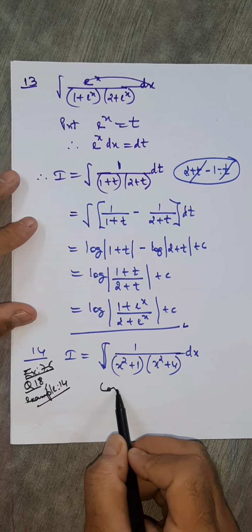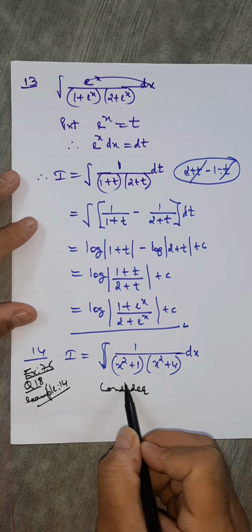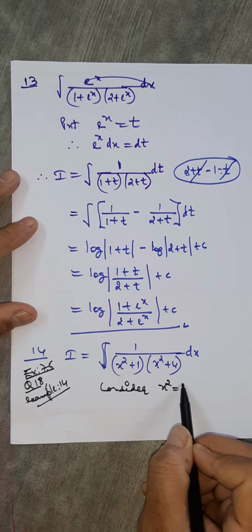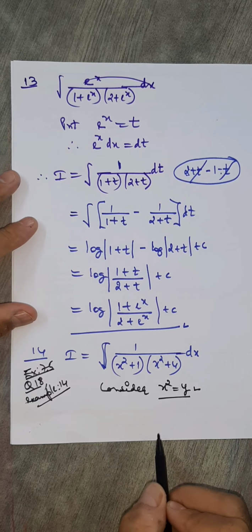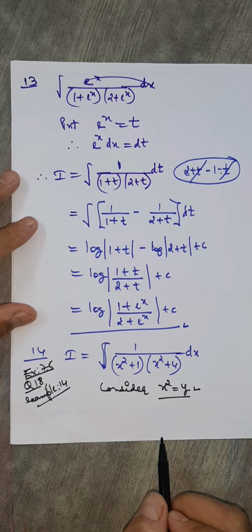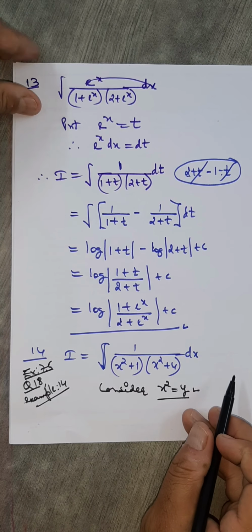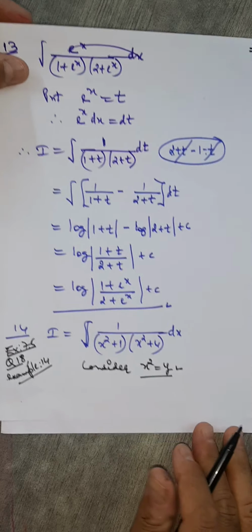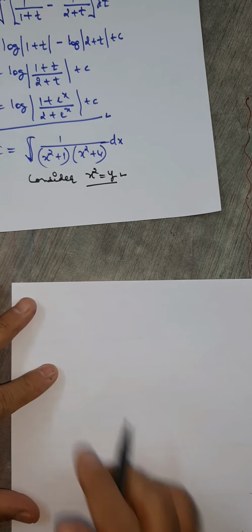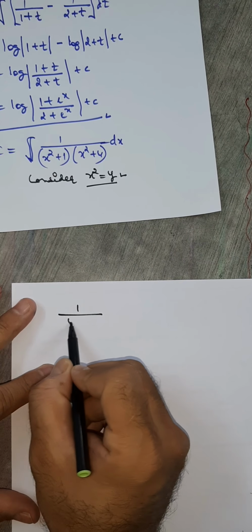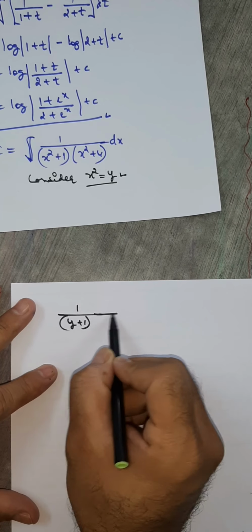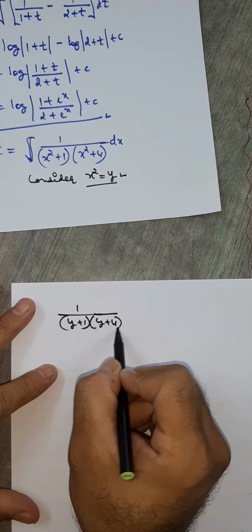So what I'll do, consider x square equals y. This is not a substitution. You are not going to convert into dy. This is just a new variable to make the partial fraction method easier. So what happens to the function here? The function will be 1 upon (y plus 1) into (y plus 4).